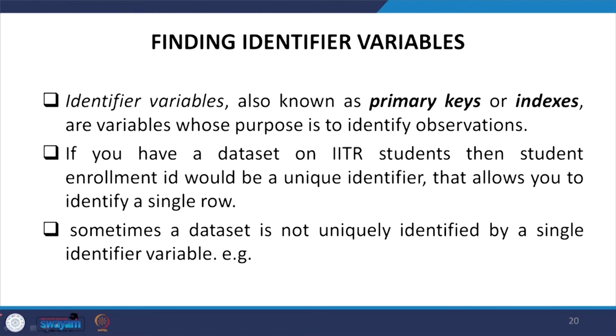If you have a data set on IIT students, for example IIT Roorkee students, then the student enrollment ID would be a unique identifier, which allows you to identify a single row.